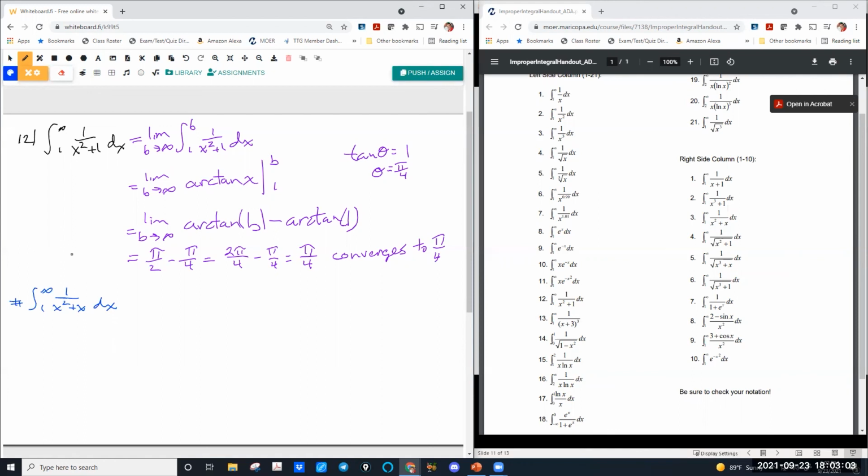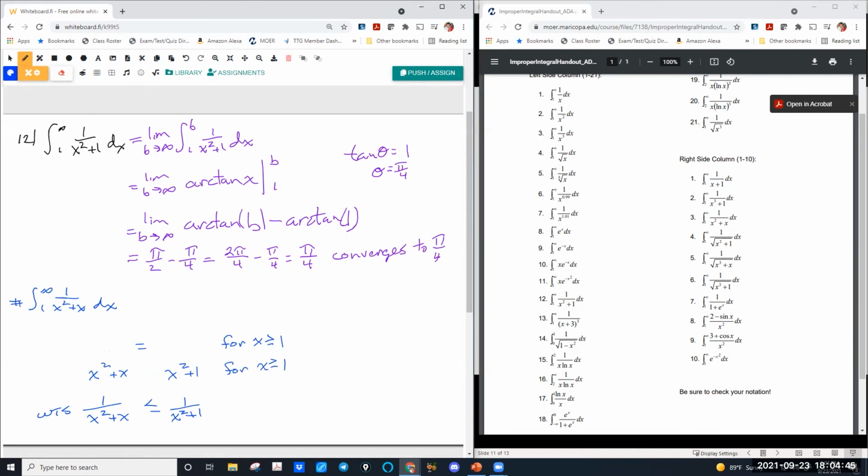We already showed this converges, so we want to show that 1 over x squared plus x is less than or equal to 1 over x squared plus 1. We're always going to have at least one line, so we'll work in reverse. Flip both fractions. So x squared plus x versus x squared plus 1.